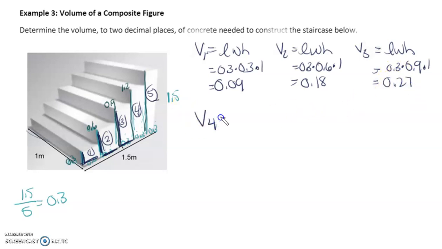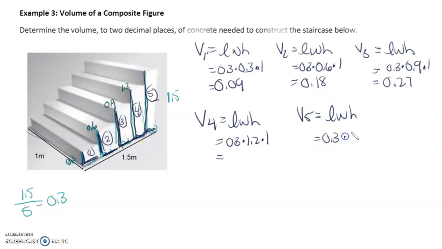Okay, and let's do volume of 4 and volume of 5. Length times width times height as well. So we're going to get 0.3 times 1.2 times 1, and 0.3 times 1.5 times 1. And let's see what we get. So 0.36 and then 0.45.